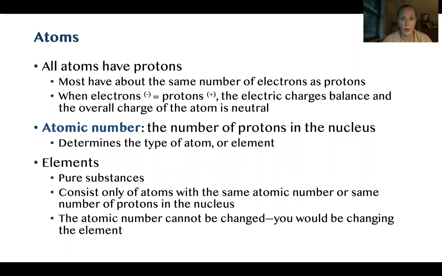Always, if there's only 1 proton in the nucleus, the element is hydrogen. Its atomic number is therefore atomic number 1. Elements are pure substances, and they consist only of atoms with the same atomic number, okay? The atomic number cannot be changed, or you would be changing the element.